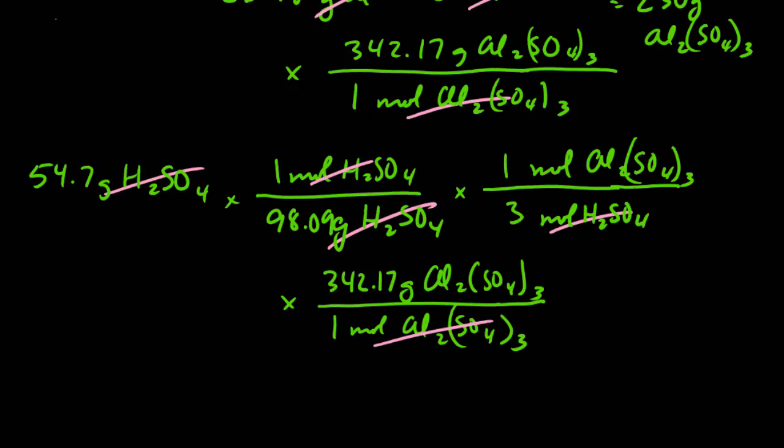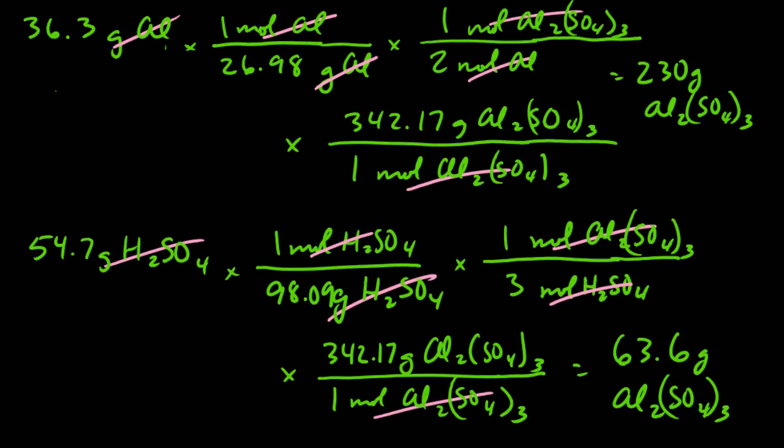At this point, moles of the aluminum sulfate cancel out. If we run this through our calculators, we'll take 54.7 divided by 98.09 divided by 3, and then multiplying by 342.17. Upon doing so, we wind up with an answer of 63.6 grams of the aluminum sulfate.